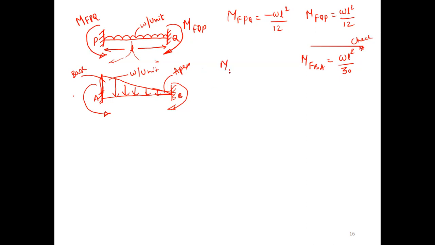And MFAB is WL square by 20. Or check with this, I will give one more thing. Please check this answer: MFAB equals minus WL square by 30 from the apex, MFBA equals WL square by 20. Check which one is right.